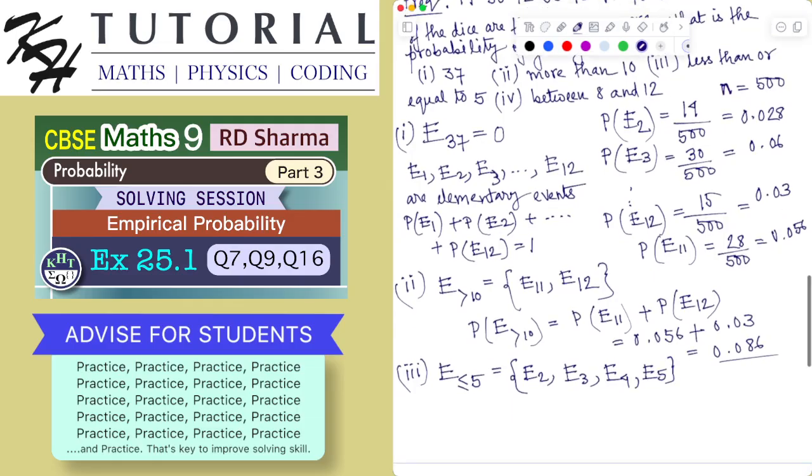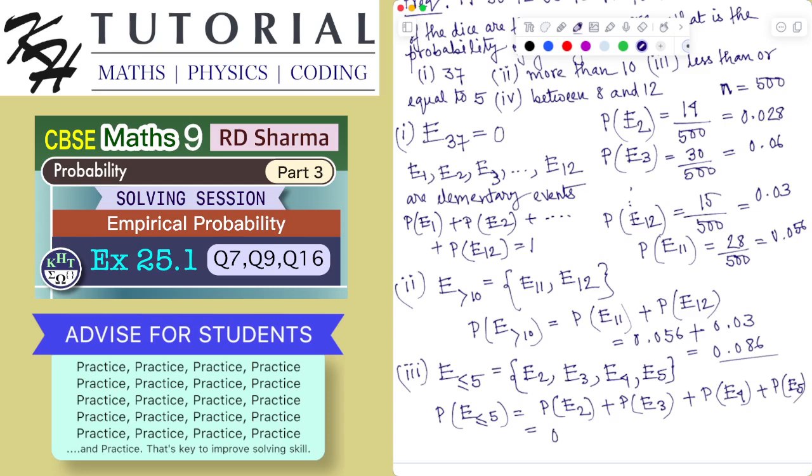So clearly probability of this event will be equal to the sum of the probability of the elementary events in the collection. Probability of E2 plus probability of E3 plus probability of E4 plus probability of E5. What is probability of E2?